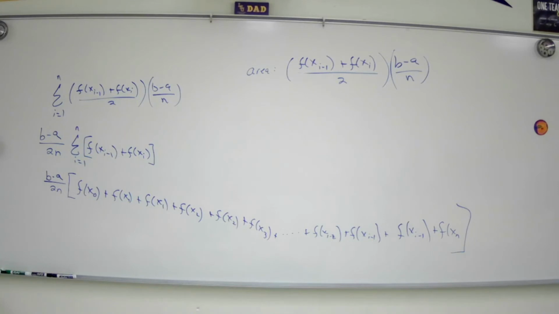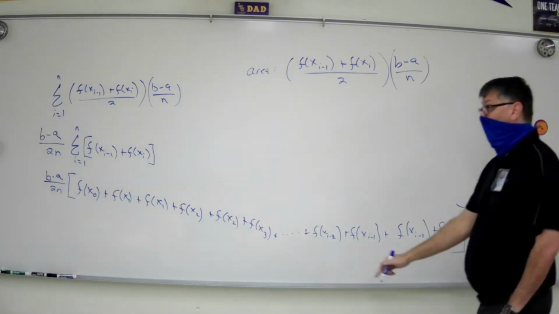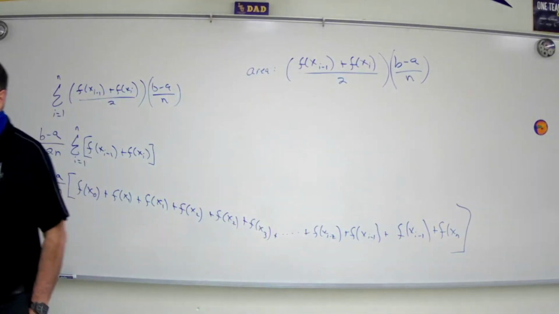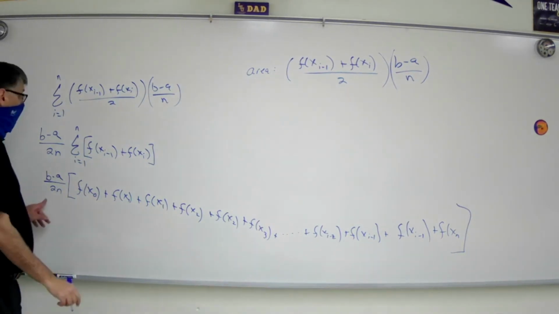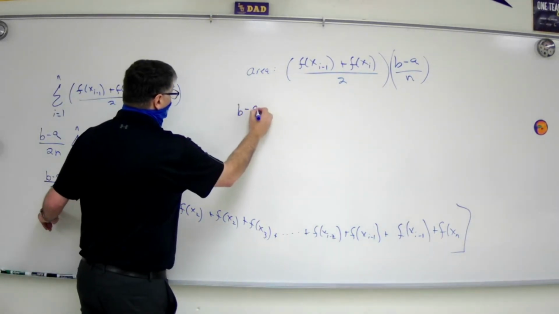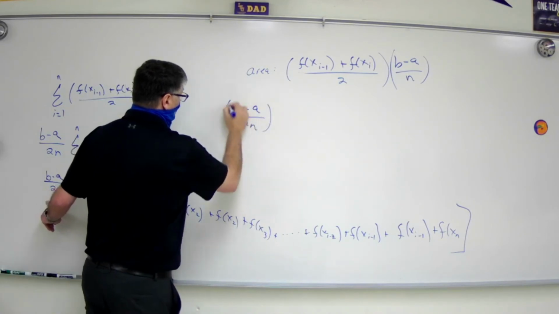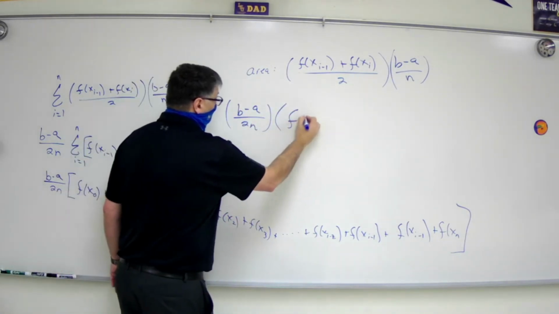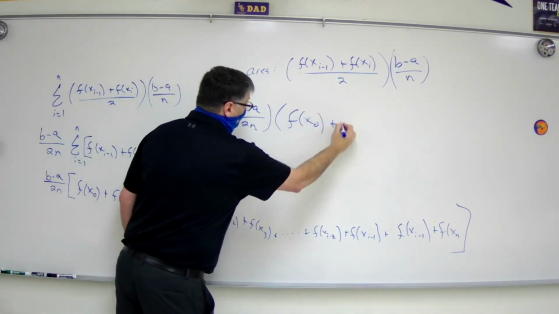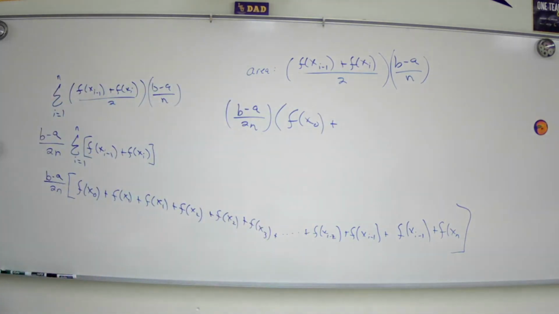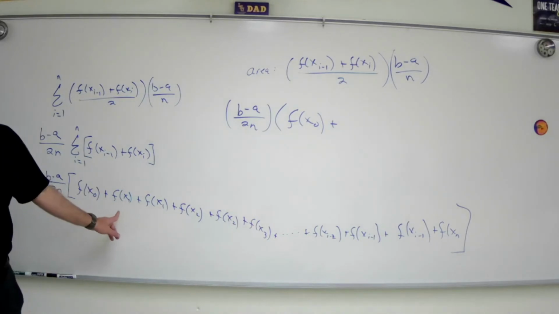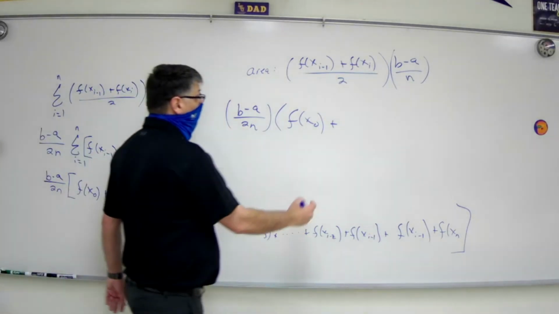What does this turn into? Can you combine like terms? Okay. Is there another like term to f of x sub 0? No. So ultimately I'm going to get b minus a over 2n times f of x sub 0 plus what? 2f of x sub 1.